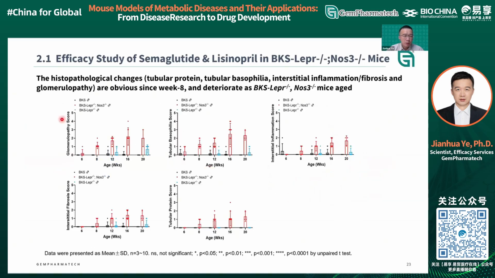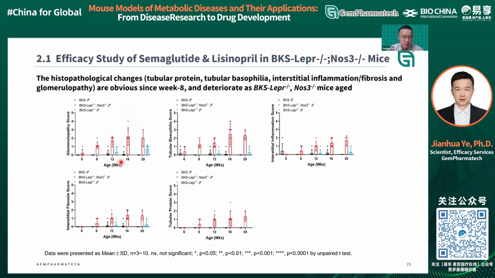And also from histopathological changes, we also see very obvious phenotype. So the db/db plus NOS3 knockout mice show very severe phenotype in glomerulus, basophilia, inflammation, interstitial fibrosis, and the tubule protein.